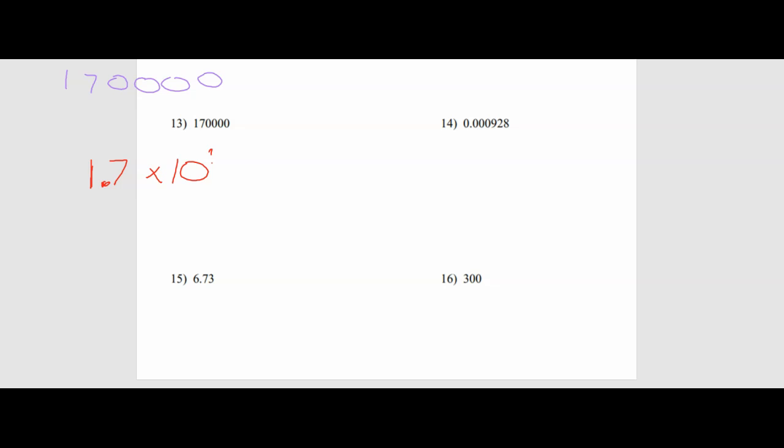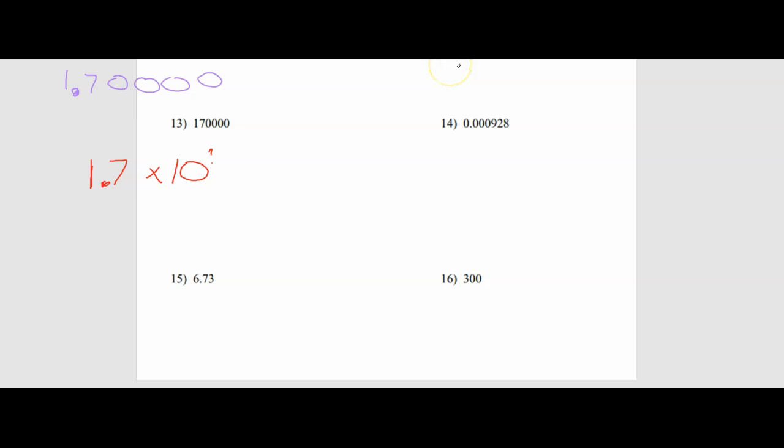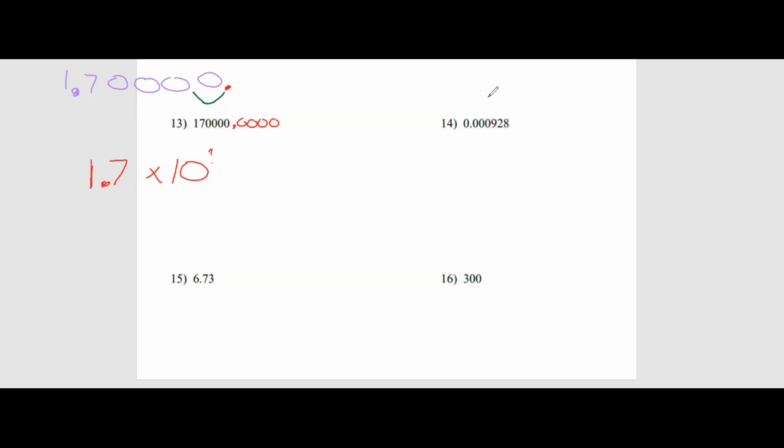Originally the decimal is really here. We just don't write it because there's no need to. And I could put as many zeros as I wanted here without changing anything. So you have to think, how many places did we move the decimal to the left? 1, 2, 3, 4, 5. We moved it 5 places to the left, which means this right here is going to be 10 to the power of 5.